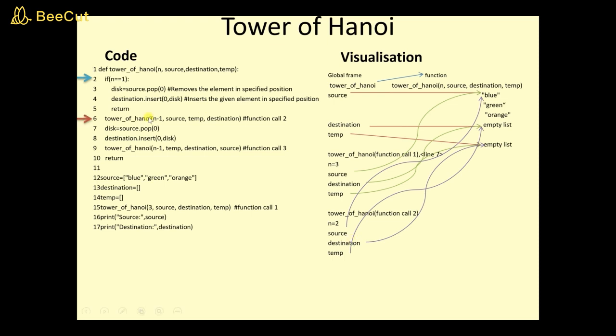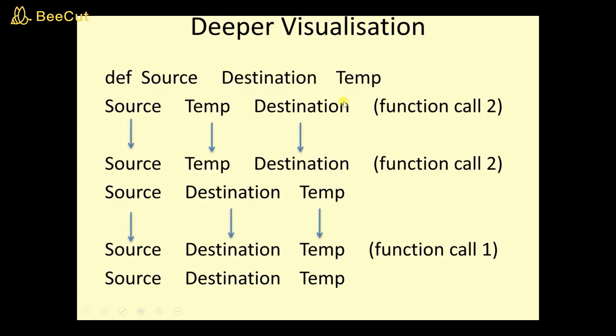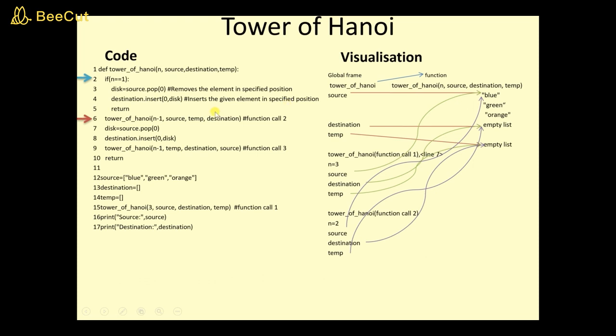Now again n is equal to 2. If n equals 1, it is again going to skip these code lines and jump to this sixth line, and again this function call 2 will be called. So we can see this function call 2 is called in this function call 2, which was called in function call 1.